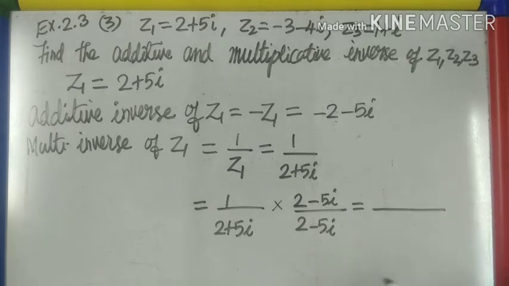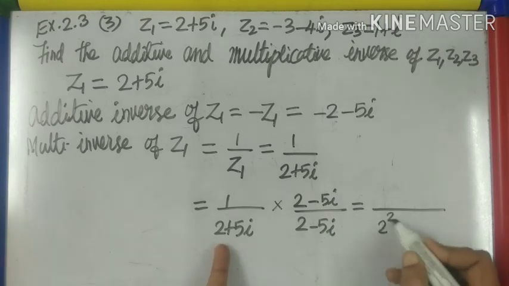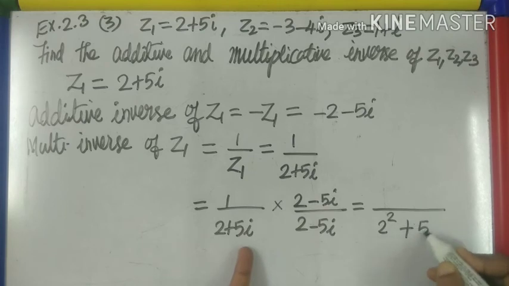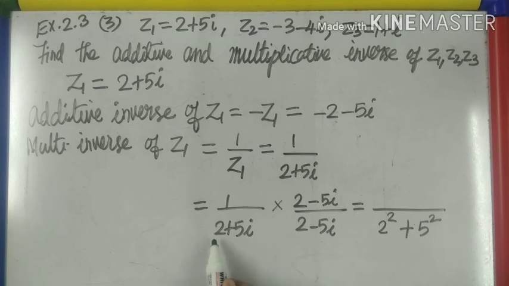The denominator, it is a plus ib, a minus ib. Remember, in the earlier classes we have learnt a plus ib into a minus ib is a square plus b square.